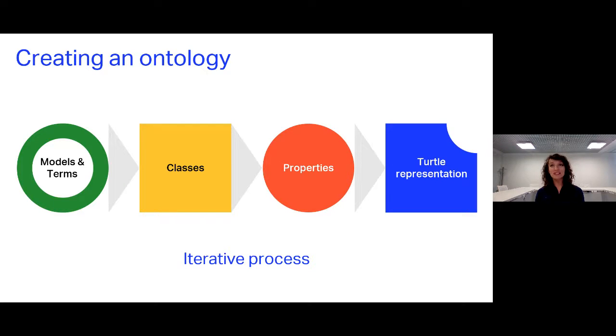And then from all that, we generated what we call a Turtle representation. It's a file that contains the whole vocabulary, generated automatically from the Protégé tool, and it can be used by developers to create applications that are one record compliant and transform the physical freight information into machine readable data.